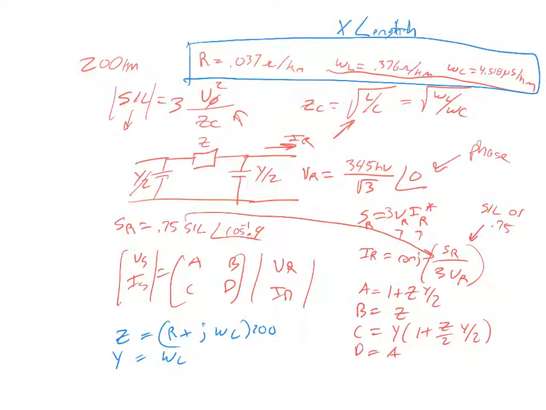Just have to multiply it by 200, right? Because it's Siemens per kilometer. So if you just multiply by the kilometers, you get the actual Siemens. Don't forget, though, I need my Y over 2 on each side. So I need to divide that in half.